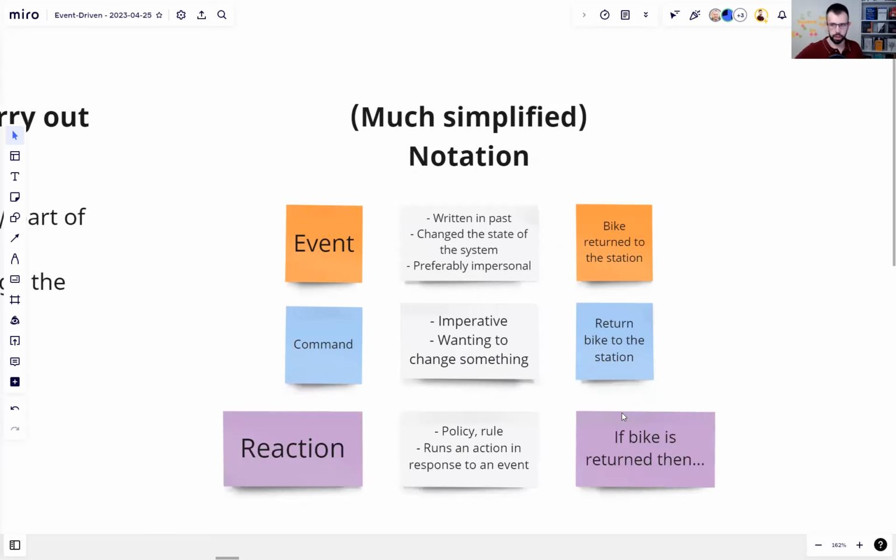And also for the second part of this talk, we have a reaction. It's also called a policy or rule. There are different names in the event storming community for this card. And it's the reaction that runs an action in response to an event. So we have an event on the left, and this reaction produces a command.